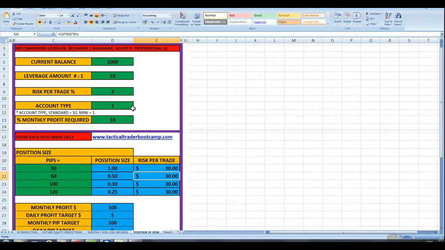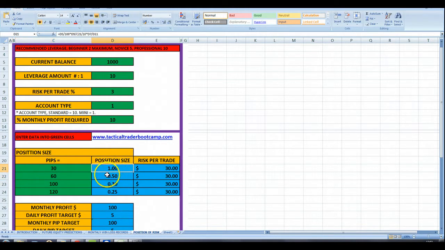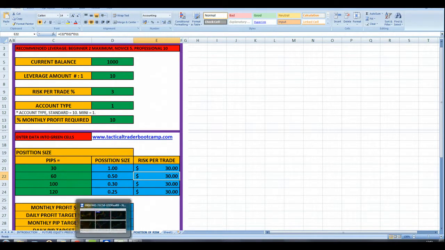And we're not going to worry too much about the monthly profit target just now, but what we want to concentrate on, we're going to go for 30 pips as full position size and 60 pips as a half position size. Okay, so on this every $1,000 is going to be one position size and a half is going to be 0.5. Still risking $30 per trade on both. Okay, but I want you to remember these position sizes.